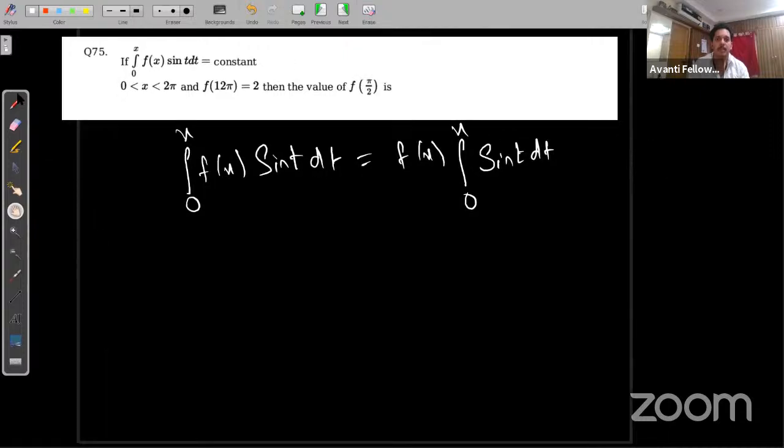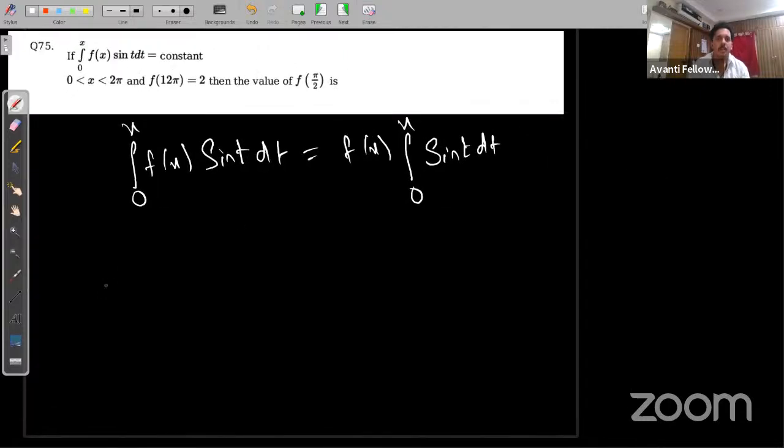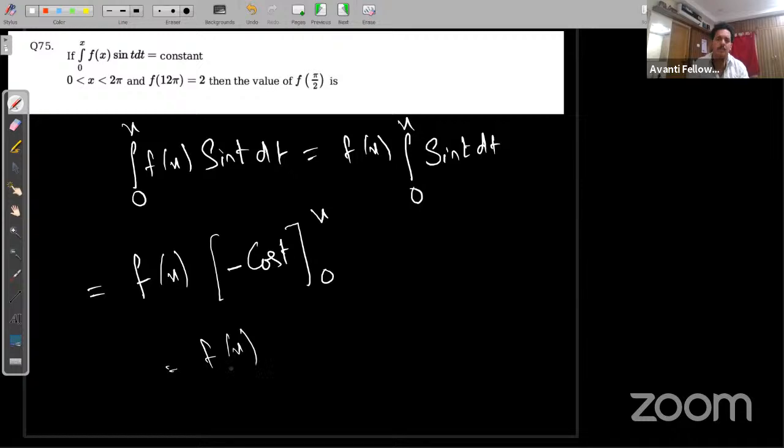Now please tell me what is happening. So that is equal to, what is the integral of sine t? The integral of sine t is minus cos t, going from 0 to x. So how much is it? f of x into minus cos x, minus of minus cos 0, right?